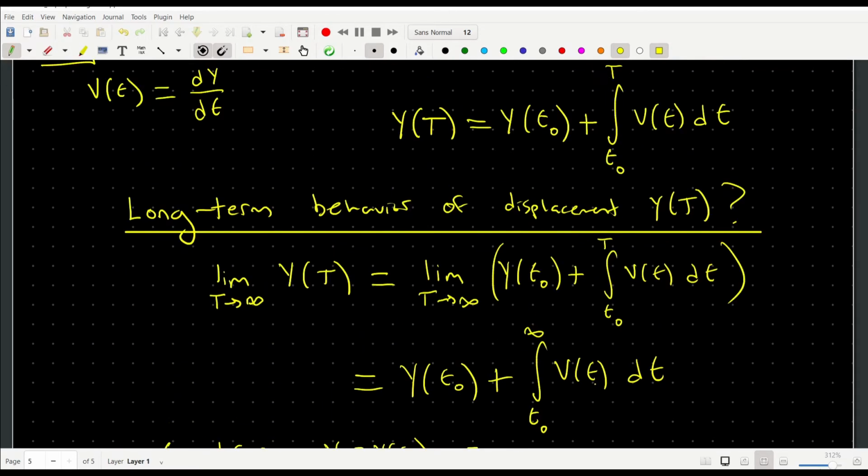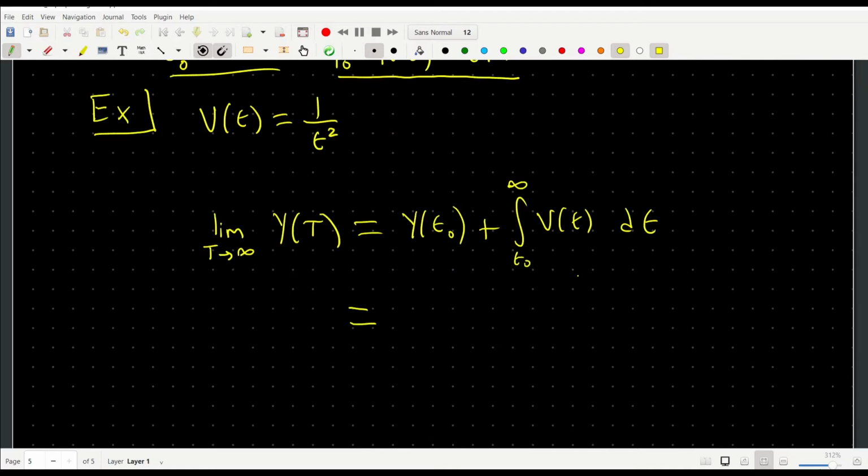Y of t naught is, we're assuming, 5, so this is just 5 meters, plus this is now the limit as b goes to infinity of the integral from t naught to b of 1 over t squared dt.